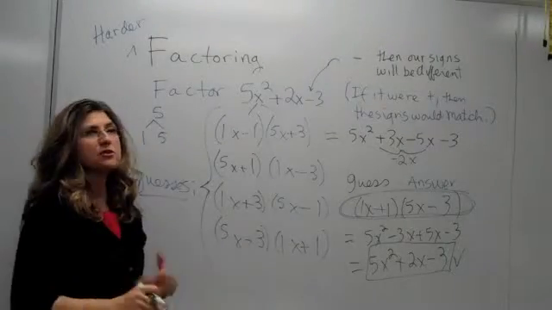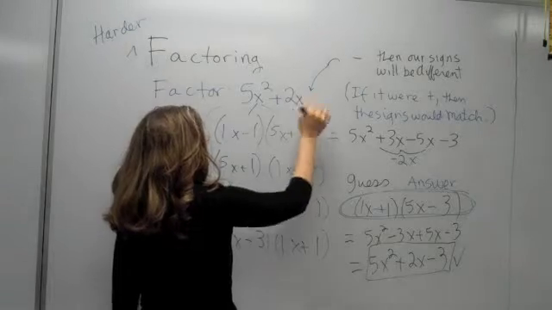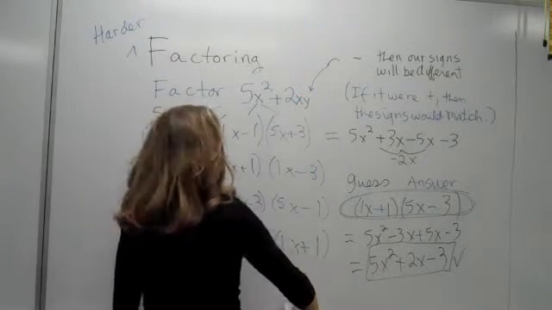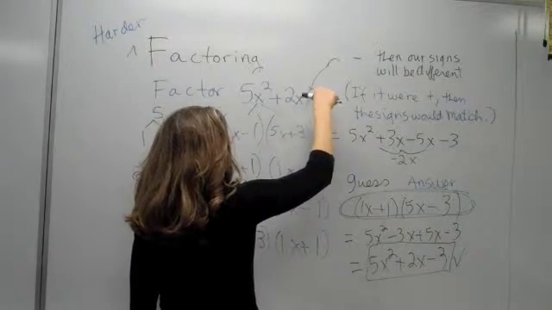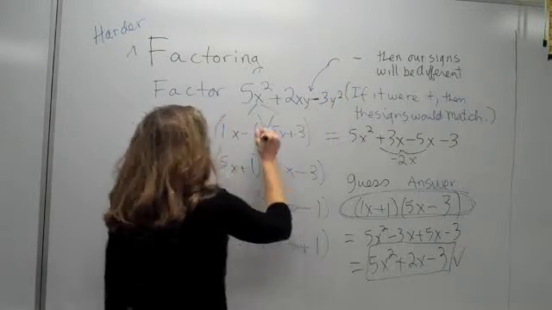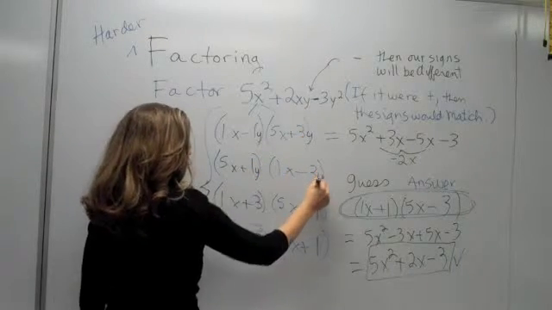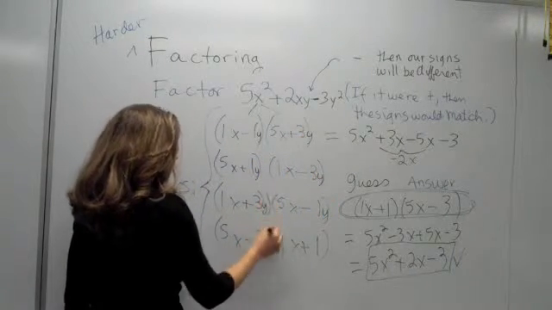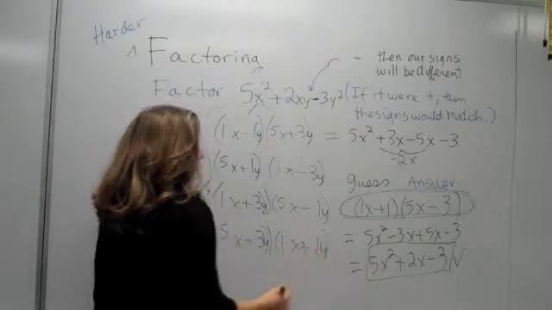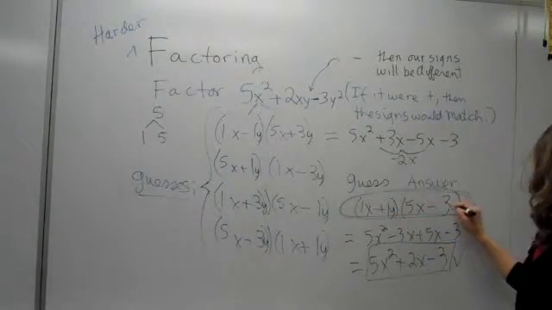For example, let's see how this would be different if there were a second variable. If there were a second variable, then we would have a y here, and a y squared here. Then in each of our guesses, we would add a y on the right side. And in our answer, we would add a y here.